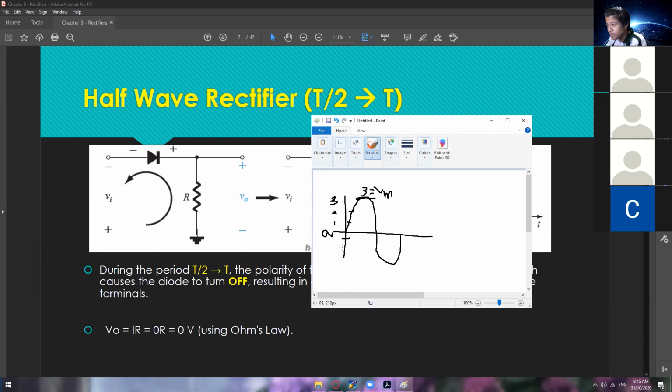So -1, -2, and then -3. So our Vm in here is still 3 volts. But now, of course, we have -3 volts. Okay. So as you can see right here, we have +3 and then -3 as our VP.